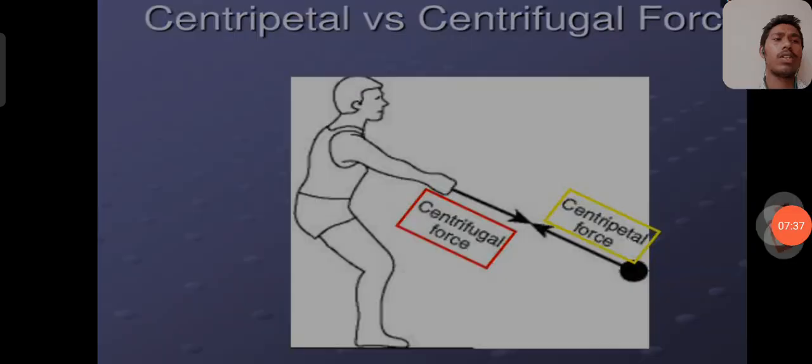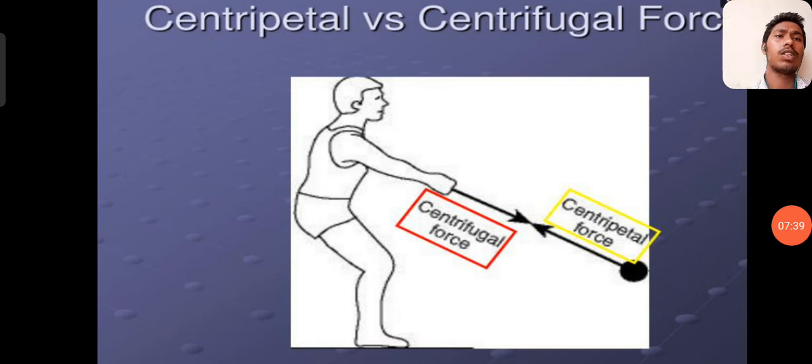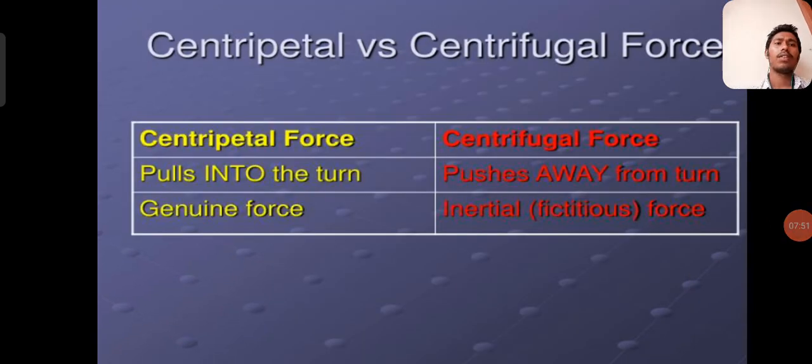This is a small diagram of centripetal versus centrifugal force, which are always in opposite directions, inversely proportional to each other. There is a difference between them: genuine force and inertia forces act on these.